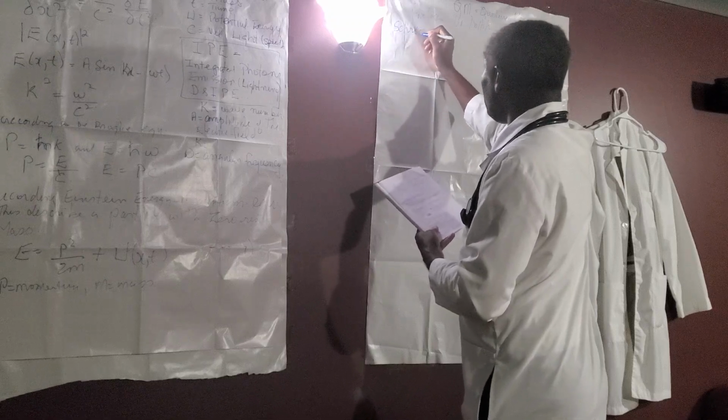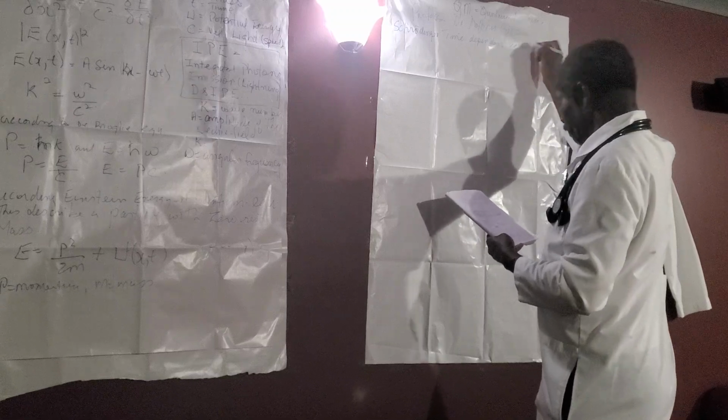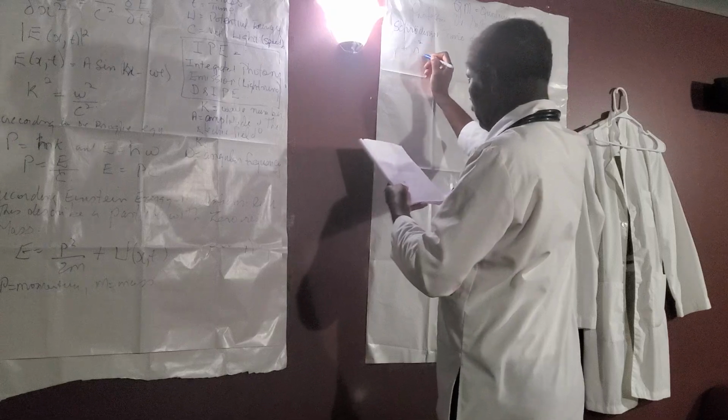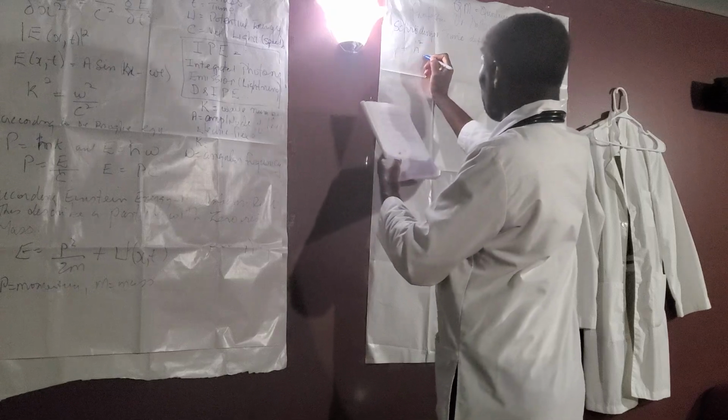So Schrodinger, and we have a 2 dot there. Time-dependent equation. And what we have here is that minus h squared over 2m.